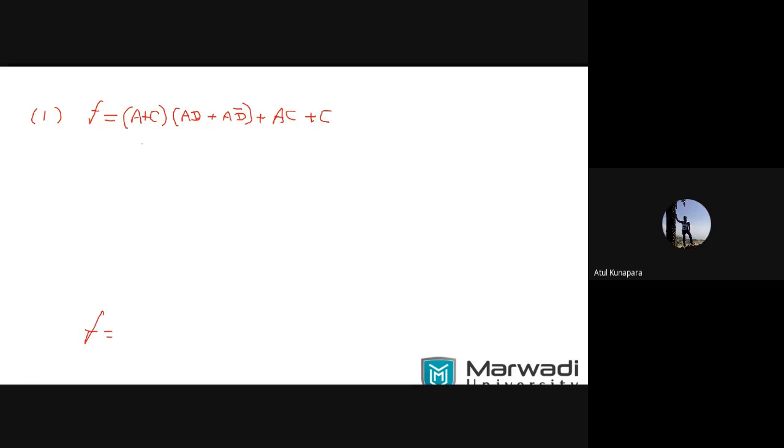You write down the steps required to get the reduced function of this f. All of you apply the Boolean laws we have just discussed to get the reduced expression for f.